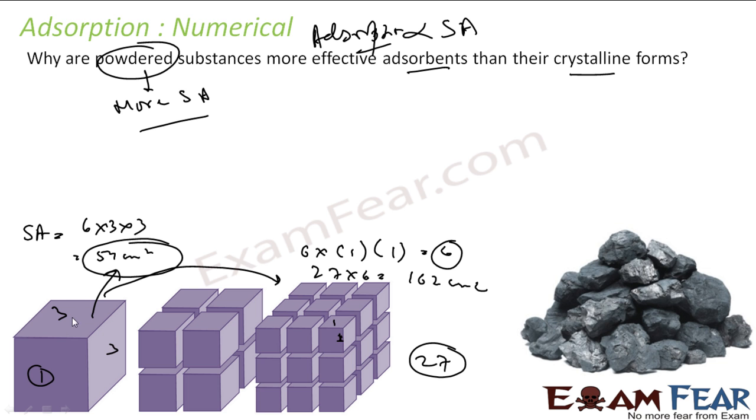The moment you grind it into 27 pieces, the surface area increases to 162 square centimeters, though the amount of substance is the same. The only difference is you have broken it into smaller pieces. That's why we say the more you powder a substance, the more the surface area. Thus we use powdered substances for adsorption, and we call that an activated adsorbent.